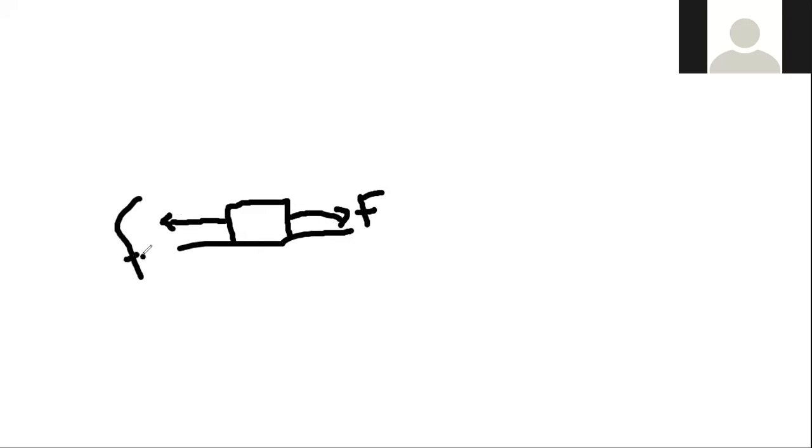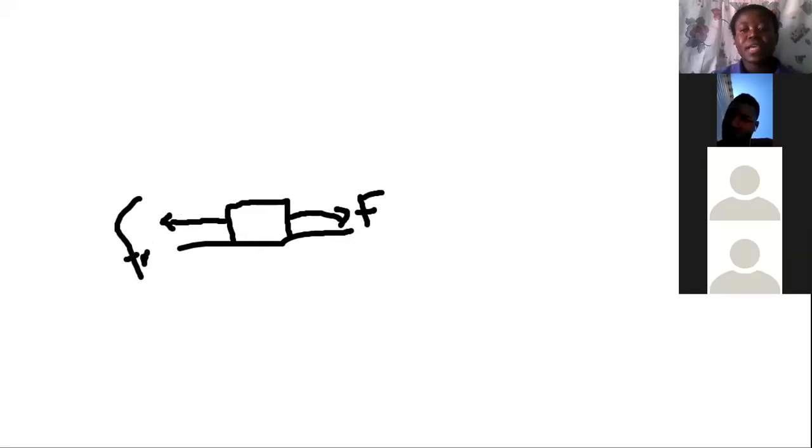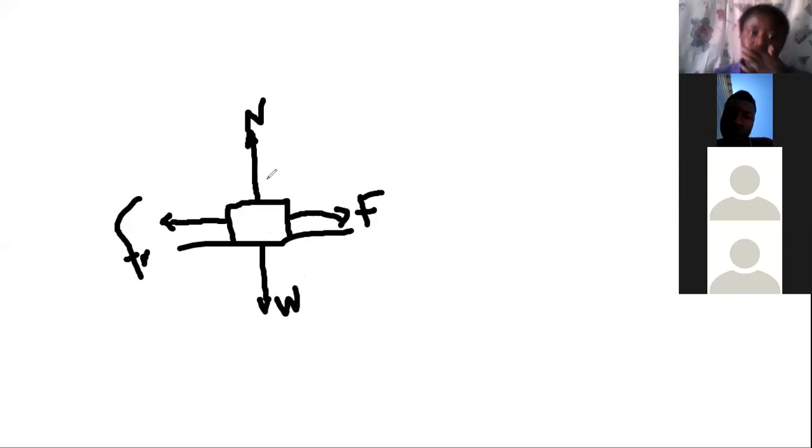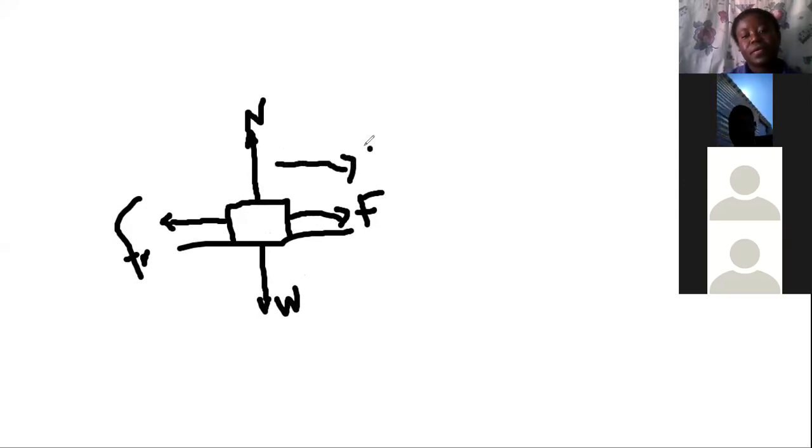Then we have a normal force, which is always perpendicular to the surface, and the object always exerts a weight. These are the forces, so this object will move in that direction.